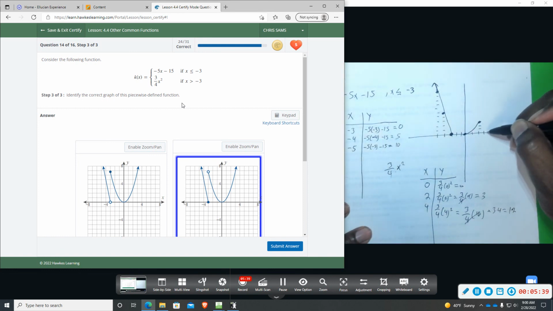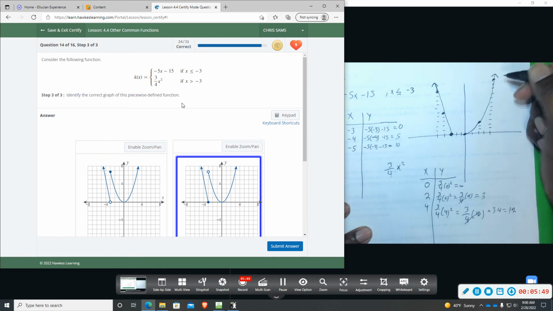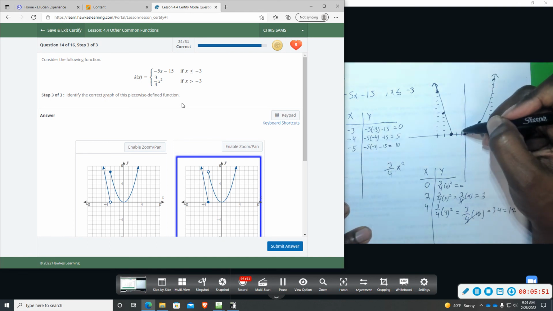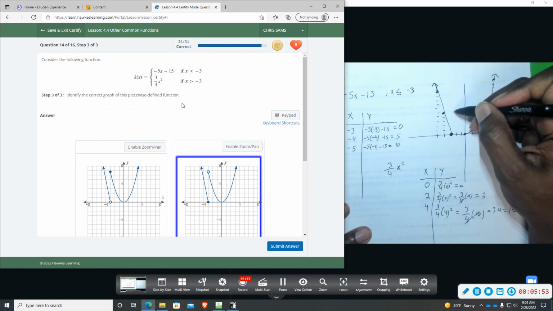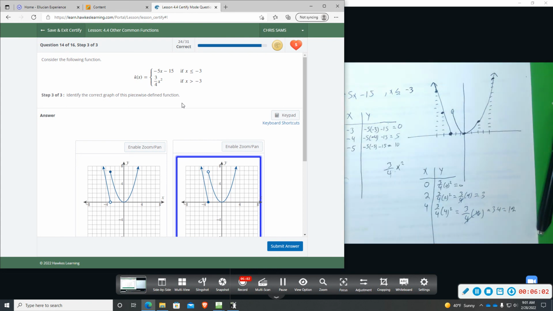I didn't do all the points, but it's going in that direction. If I'd started at -3, it would give me a point over here. So that's how the graph starts, and then it curves down and then goes back up. So this is how you get this picture here.